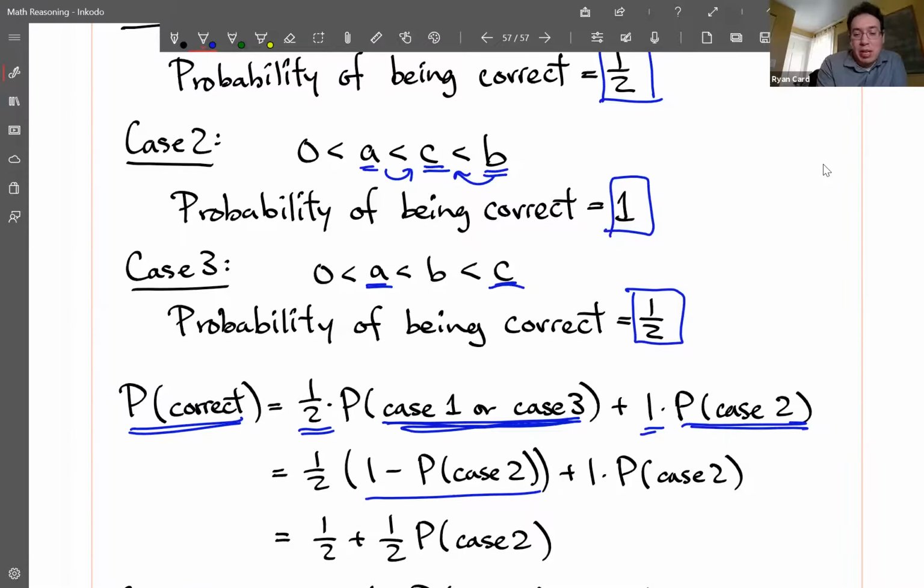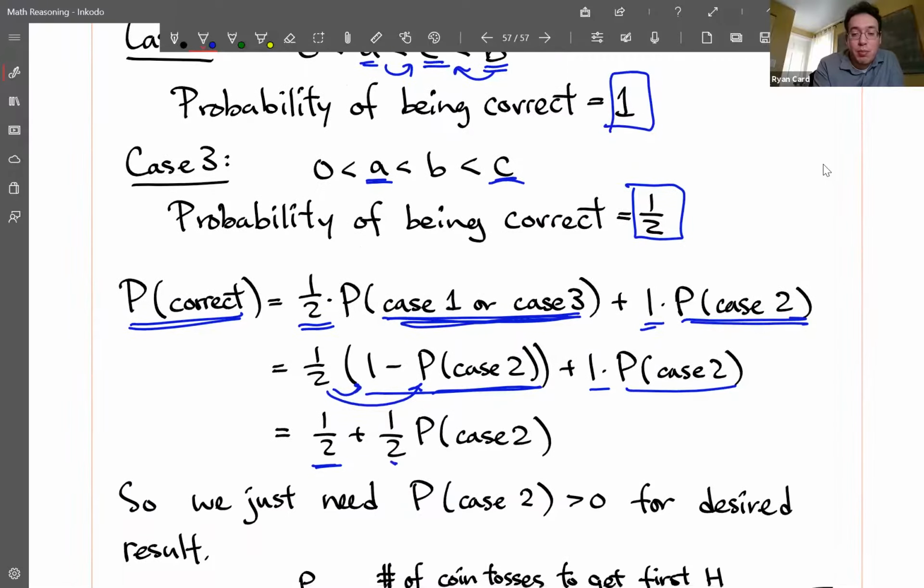Then you can distribute the 1/2 and combine like terms. 1/2 times 1 is 1/2. I have 1 times the probability of case 2 and negative 1/2 times the probability of case 2. If you combine that, you get positive 1/2 times the probability of case 2. We want the probability of being correct to be strictly larger than 1/2.